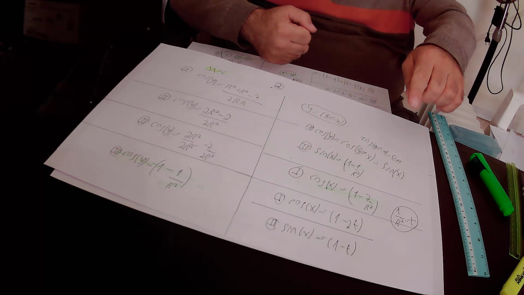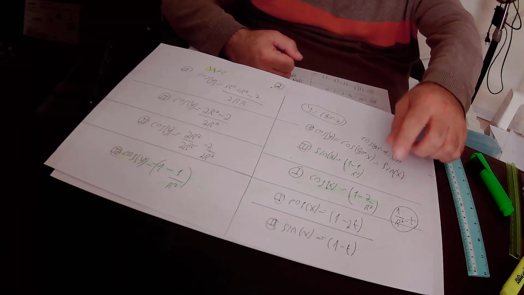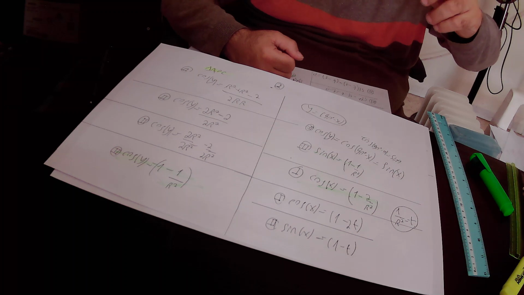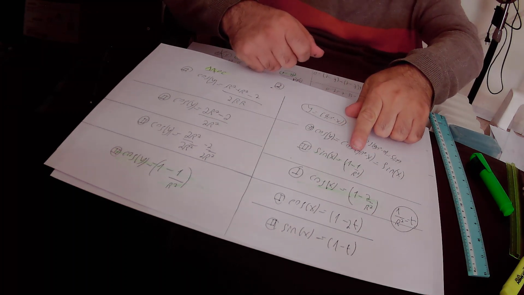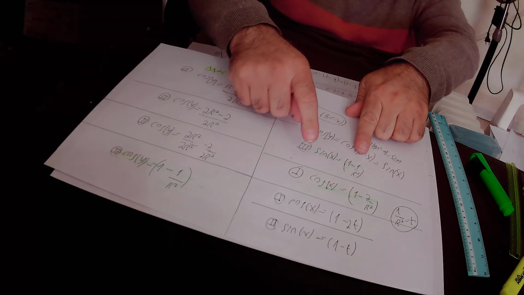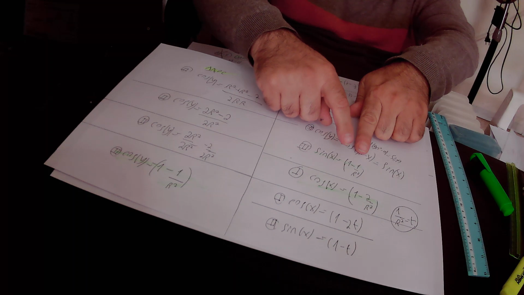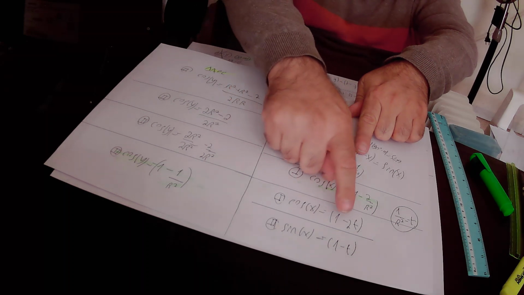In the next step, we defined 1 over r squared as t, and we substituted 1 over r squared in those two equations by t. So in equation number 2, we have 1 minus 1 over r squared, and 1 over r squared is t, so we substituted it by t, and we found out that sine x equals 1 minus t.